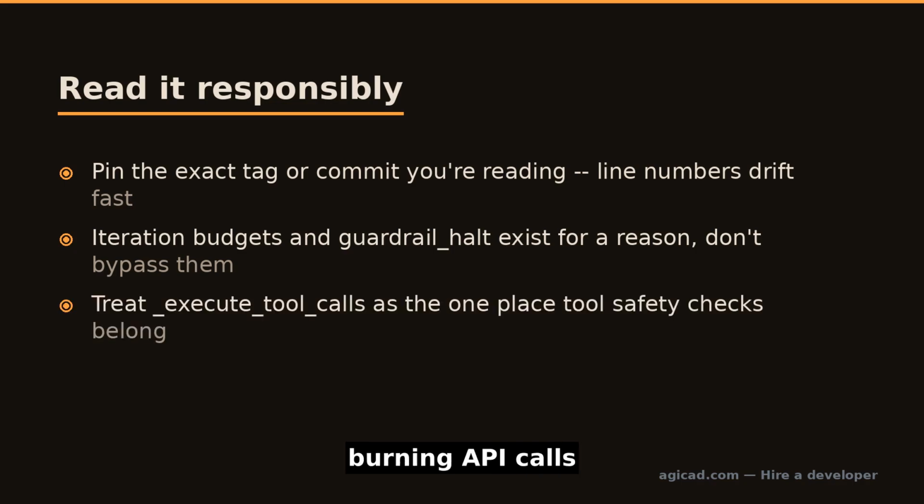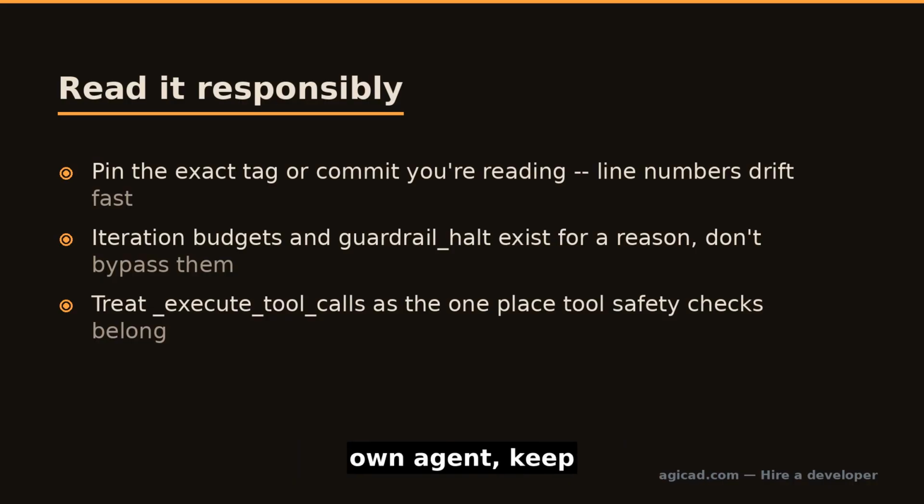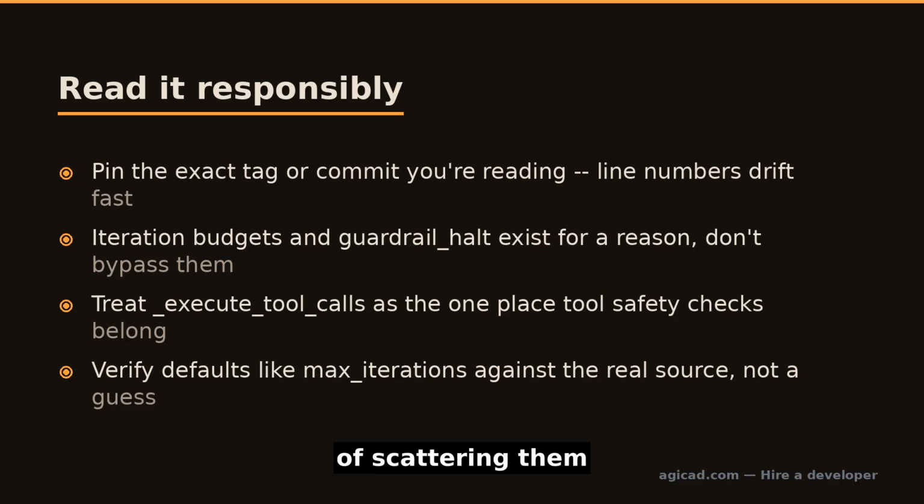If you're extending this pattern in your own agent, keep all tool safety checks funneled through one execution point, the way execute_tool_calls does here, instead of scattering them across every tool. And when you change defaults like max iterations, verify against the real value in the source, 90, not whatever number you remember from a blog post.